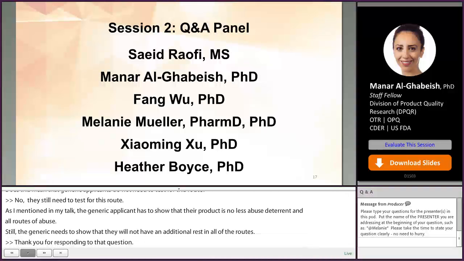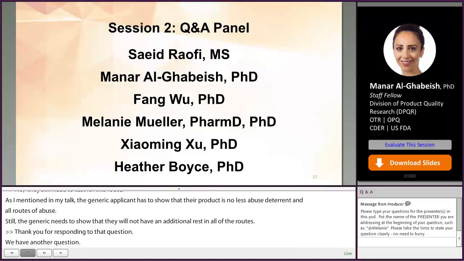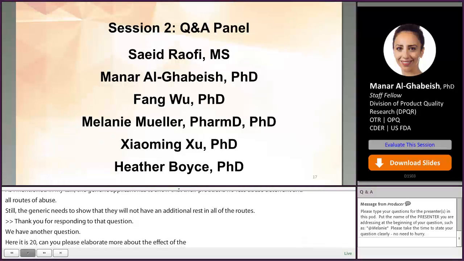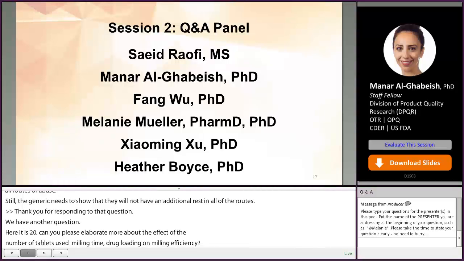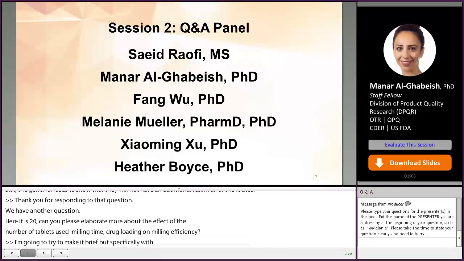In slide 20, can you please elaborate more about the effect on the number of tablets used, milling time, drug loading on milling efficiency? I'm going to try to make it brief, but in that study, and specifically for that product and the model drug that's been used, the milling efficiency is related to the percent of fine particles produced.